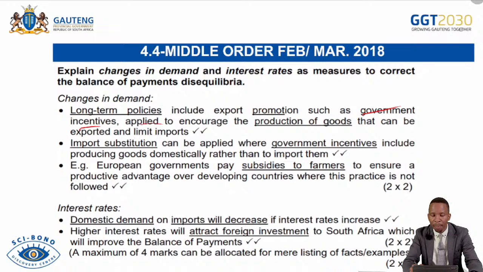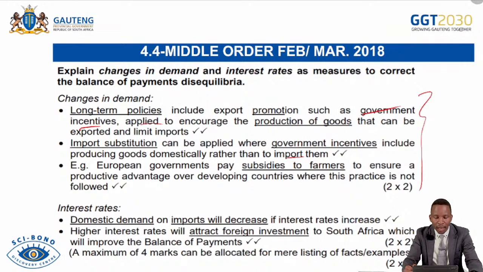Import substitution can be applied where government incentives include producing goods domestically rather than importing them. E.g., European governments pay subsidies to farmers to ensure a competitive advantage over developing countries where this practice is not followed. So this information is discovered from the content, so there's nothing critical. You must study it and bring it back here as you answer the question.